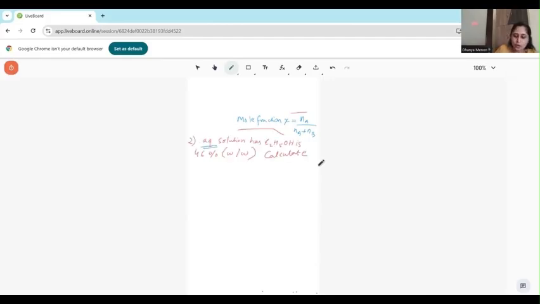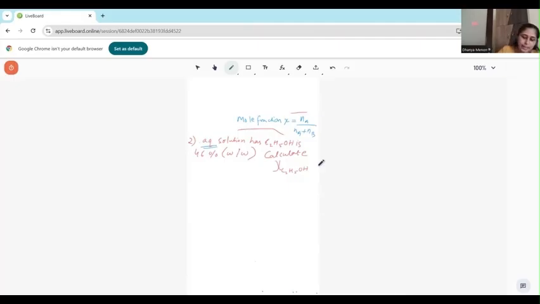An aqueous solution of ethyl alcohol C2H5OH is 46% weight by weight. You have to calculate the mole fraction chi of C2H5OH. Okay, so I know my solute, I know my solvent, that is water.